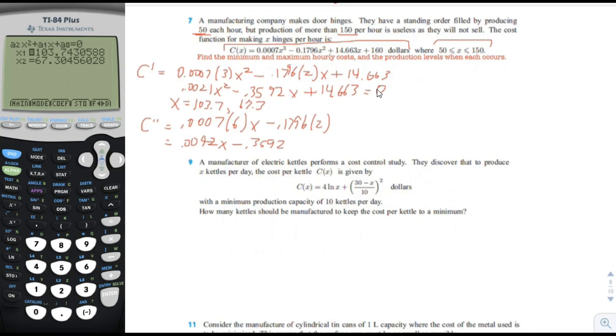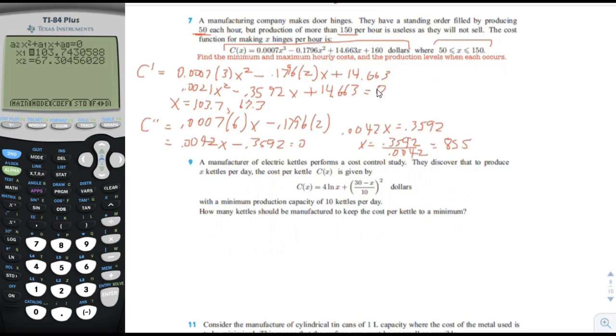So when is that equal to 0? This is equal to 0. Let's see, 0.3592 divided by 0.0042. So 3592 divided by 0042. We get 85.5.